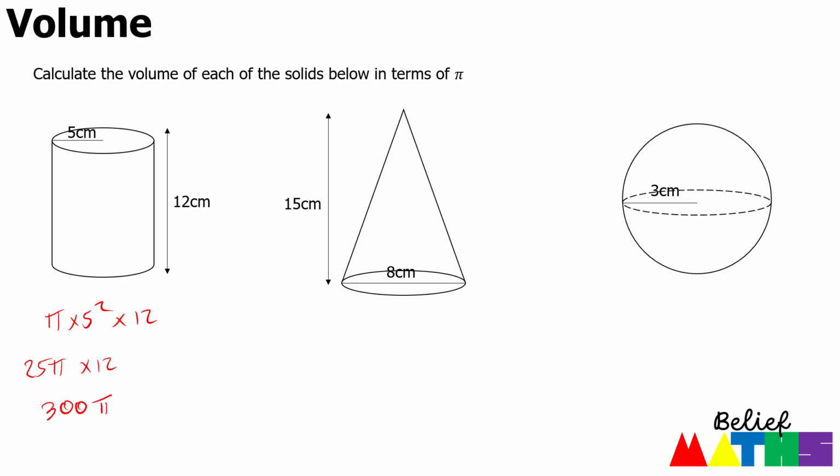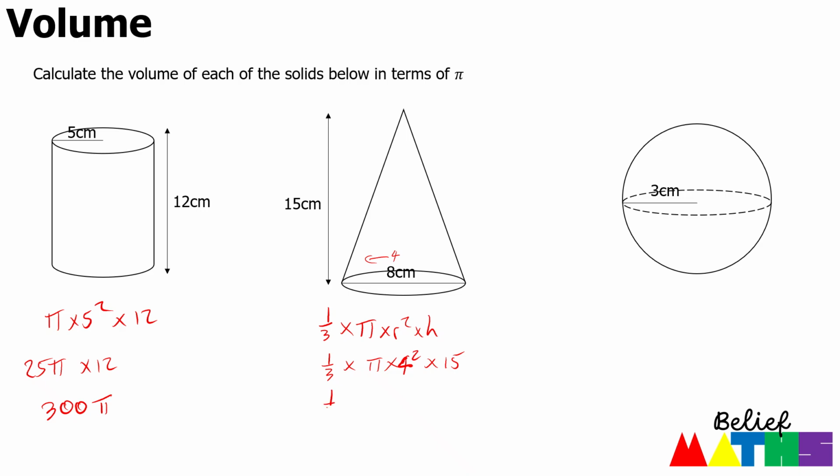A cone is very similar. Again, you're usually given the formula, but in case you're not, a cone is the same formula, pi times the radius squared times the height, and it's just 1/3 of that shape. So you've got 1/3 times pi times the radius squared, which is 4 squared, because remember this is the diameter, so it's 4 for the radius, times the height, which is 15.